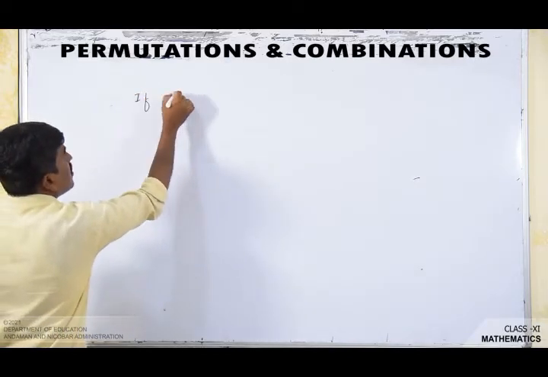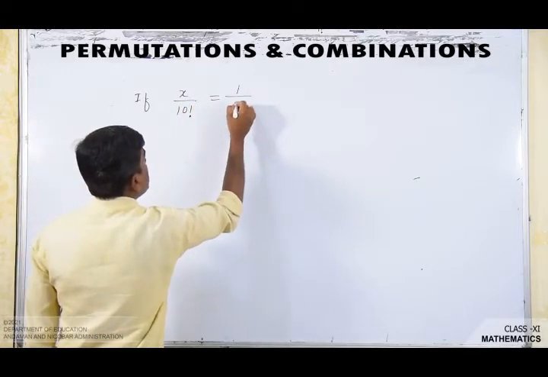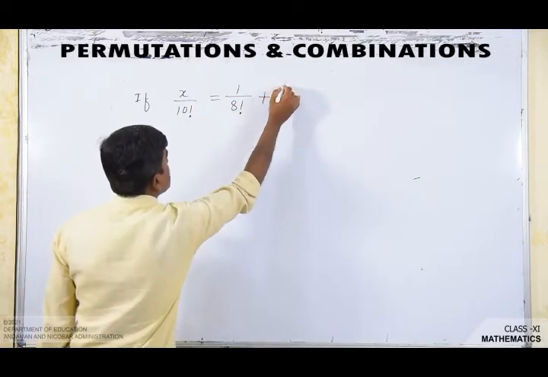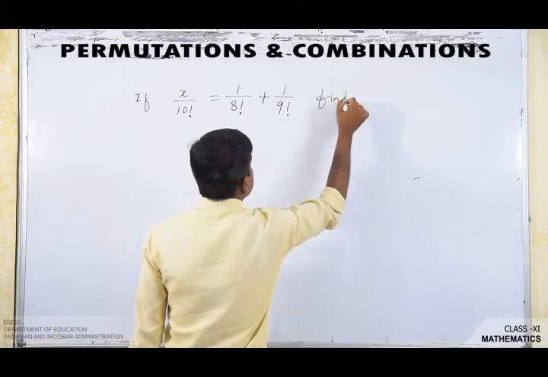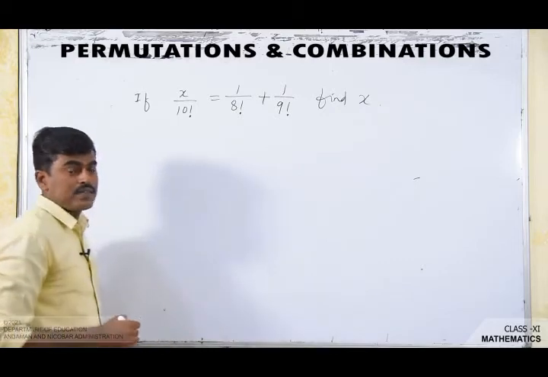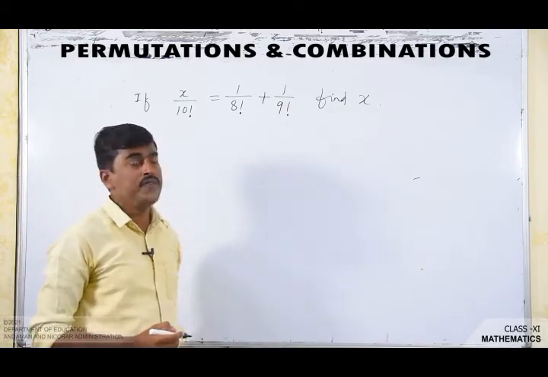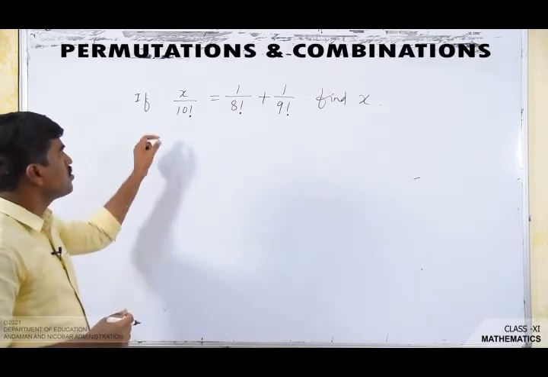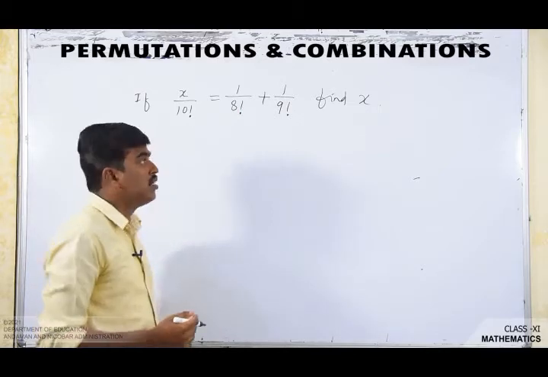If x by 10 factorial is equal to 1 upon 8 factorial plus 1 upon 9 factorial, then find the value of x. So one equation is given here, we have to find the value of x. Again you have to see which is greater: 10 factorial, then 8 factorial, 9 factorial.